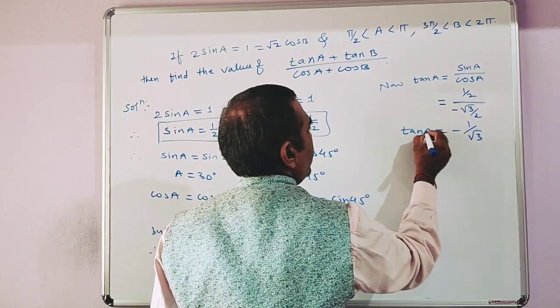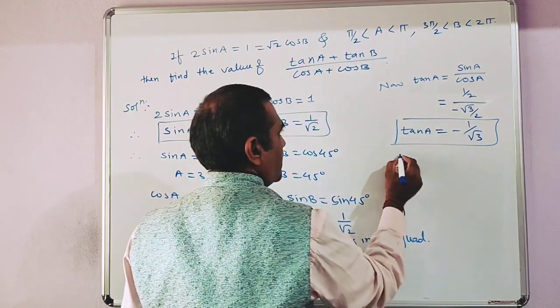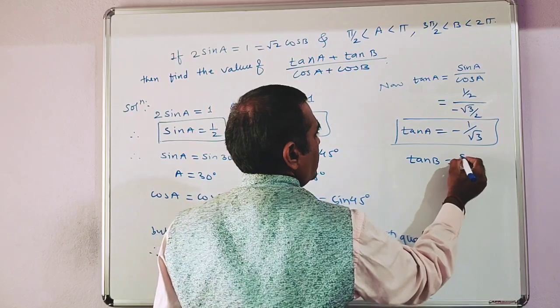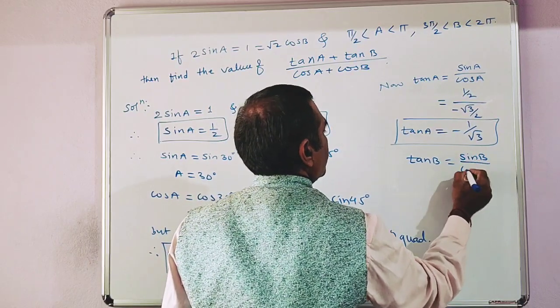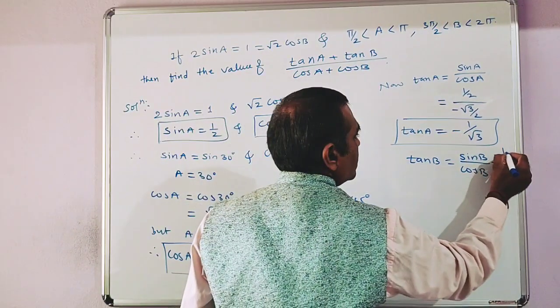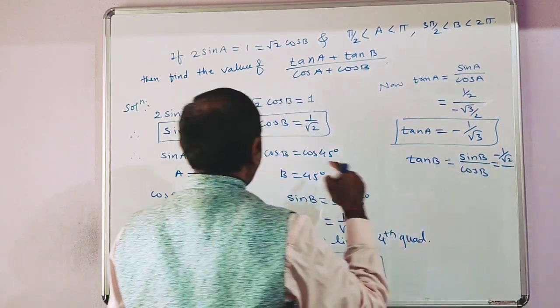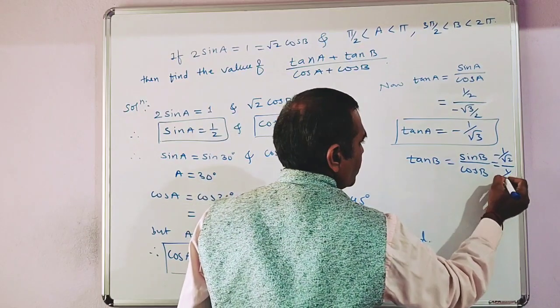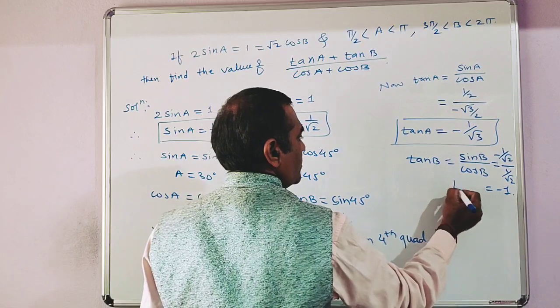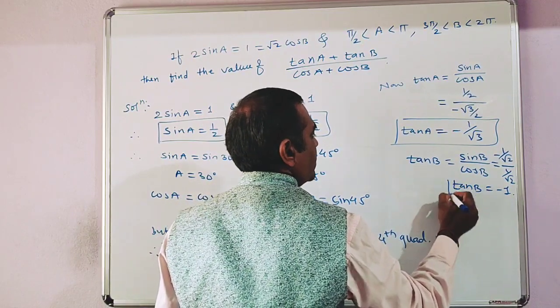This is tan A. Okay. Now tan B is equal to sin B upon cos B. Sin B is minus 1 by root 2 and cos B is 1 by root 2, and this will be minus 1, correct? Now tan B is equal to minus 1.